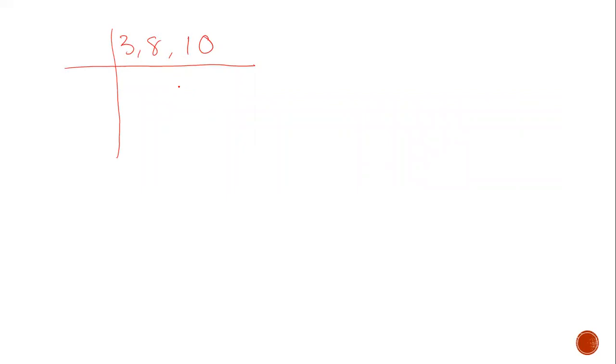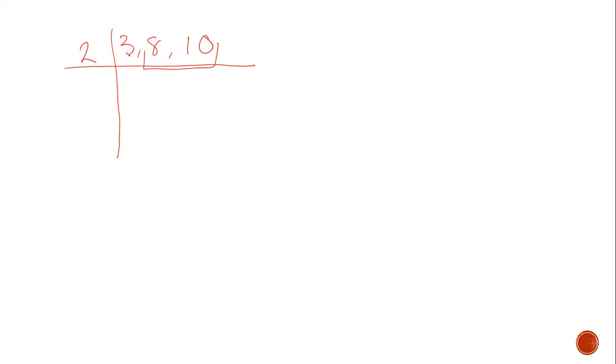No, there isn't. Then we go for the next best thing. Is there any number that can divide at least 2 of these 3 numbers? Yes. For 8 and 10, 2 can divide 8 and 10. So we can use 2.